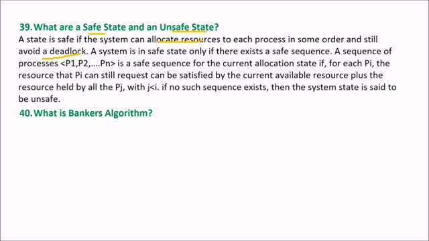We're talking about a sequence, how to allocate, in what order. A sequence of processes from P1 to Pn is a safe sequence for the current allocation state if, for each Pi, the resources that Pi can still request can be satisfied by the currently available resources plus the resources held by Pj, where j is less than i. If no such sequence exists, then we say that the system is in an unsafe state.